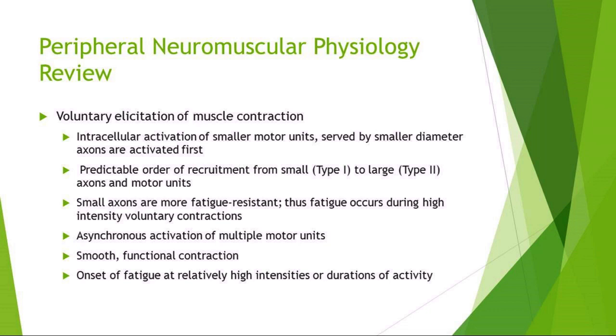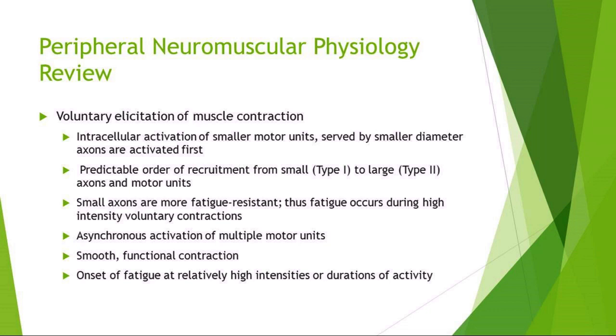There is a predictable order of recruitment from small type 1 muscle fibers to larger type 2 axons and motor units. So we get the little ones first and then the big ones. And our nervous system decides which ones get activated first, unless we're using some kind of external intervention. Small axons are more fatigue resistant. Thus, fatigue occurs during high-intensity voluntary contractions.